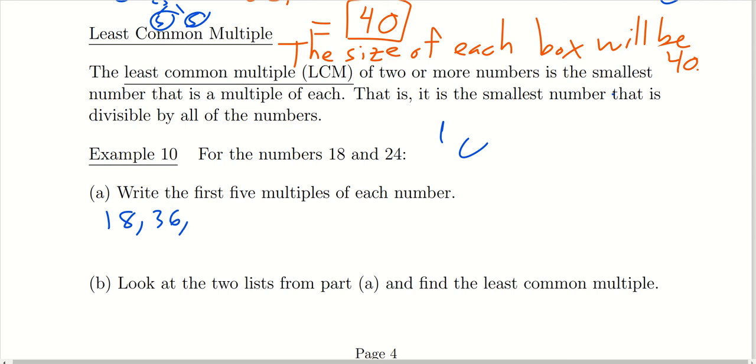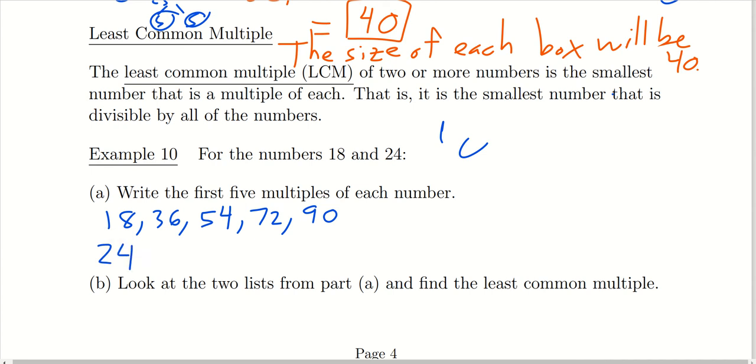If I have 3 18s, that's going to be 54. If we have another 18, that would be 4 times 18, which is 72. And then if we have one more 18, that would bring us up to 90. So these are the first 5 multiples of 18.